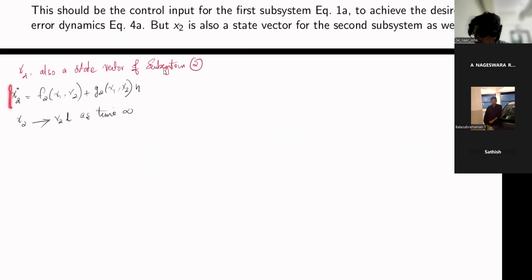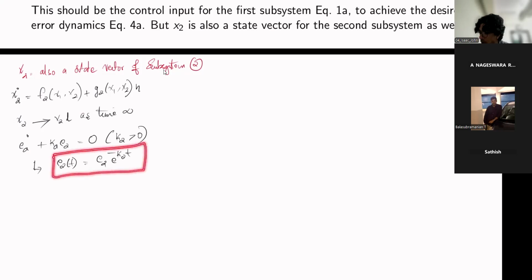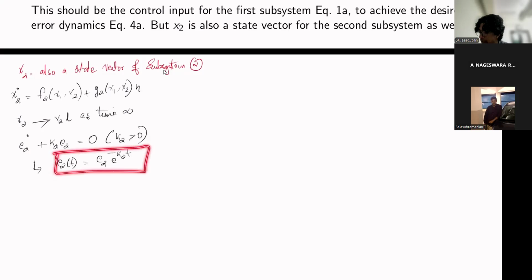Now, if you consider the second subsystem, we want it to follow the error dynamics E2 dot plus K2 E2 equals 0, where K2 should be greater than 0. Because the response of this error dynamics would be E2 of t equals an arbitrary constant C2 times e raised to minus K2 t, and this second error E2 would tend to 0 as time tends to infinity.